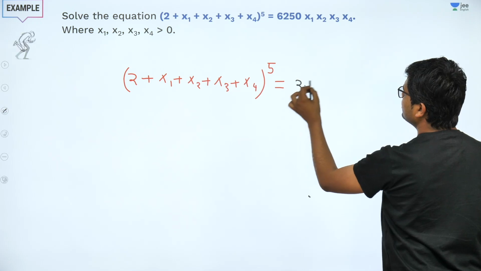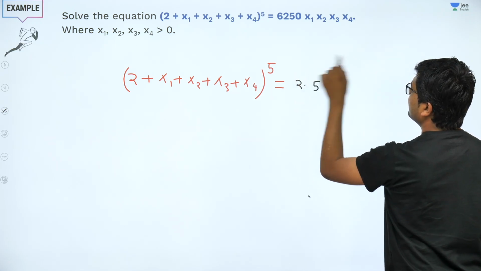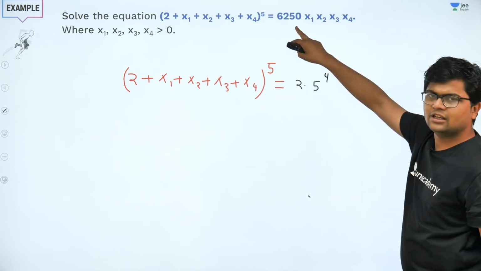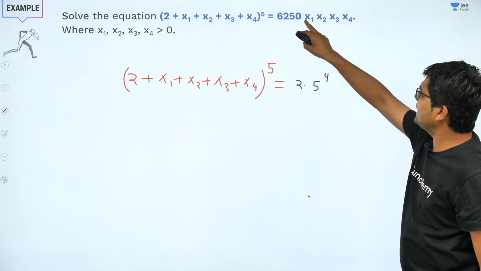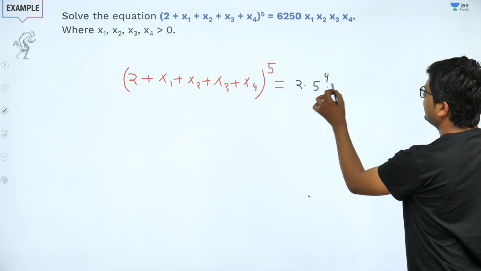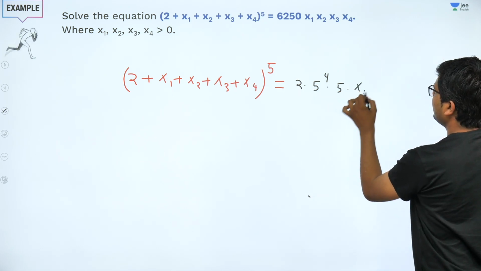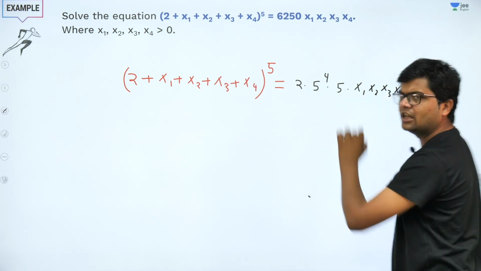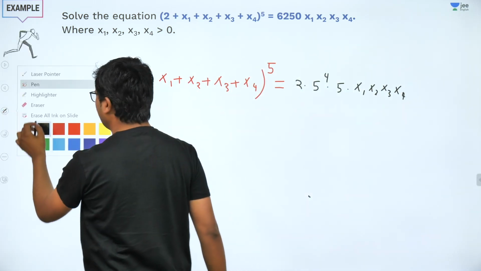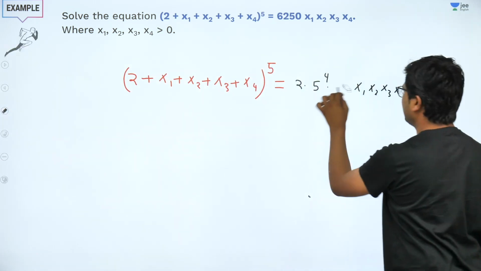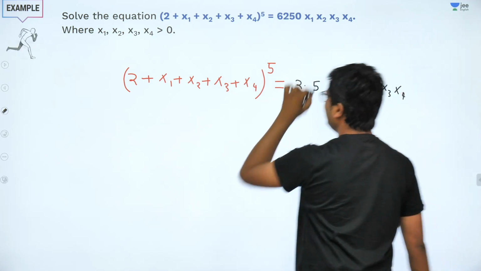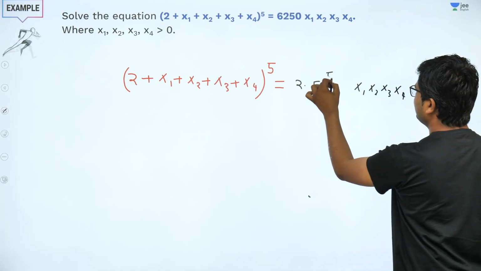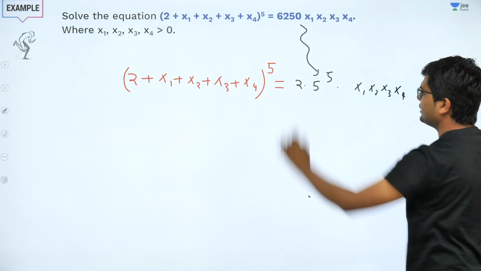It can be written as 2 into 5 to the power how much? 4 into 1, 5, because 625 is 5 to the power 4 and 10 can be written as 2 into 5. So I am rewriting it like this, into x1, x2, x3, x4. So just write the power of 5 as 5 only, it will take less time. So 5 to the power will be 4 plus 1 equal to 5. That is the fundamental situation that is given in the question.